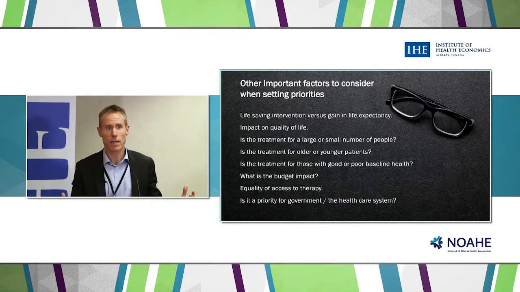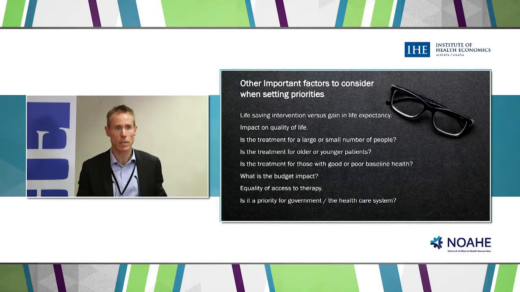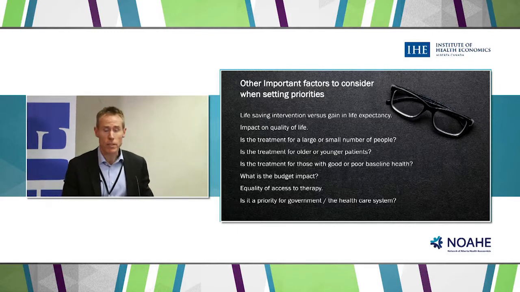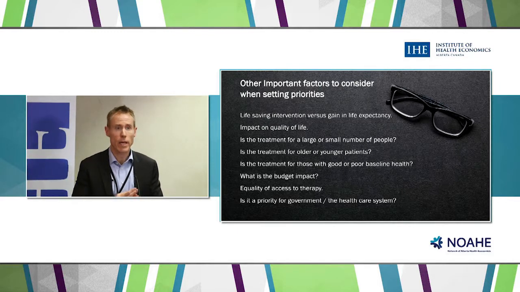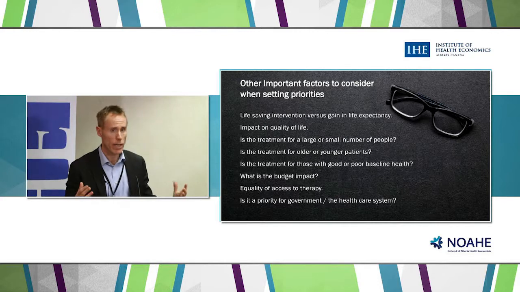And when you actually survey the public, they do preferentially want funds put towards children's health. There might be a differential preference for funding things that extend life versus things that improve quality of life. There might be certain conditions, like mental health or cancer, that we're preferentially wanting to push resources to because of perceived need or equity reasons.